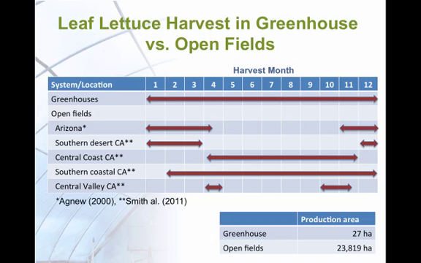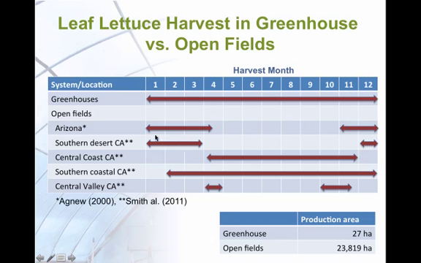Let's talk about crop production schedule. This is an example of leafy lettuce harvest in greenhouse compared to open field. So in greenhouse, if you have appropriate technology and appropriate systems, you can technically harvest every week throughout the year. We call it year-round production. And in open fields, production is pretty much limited.